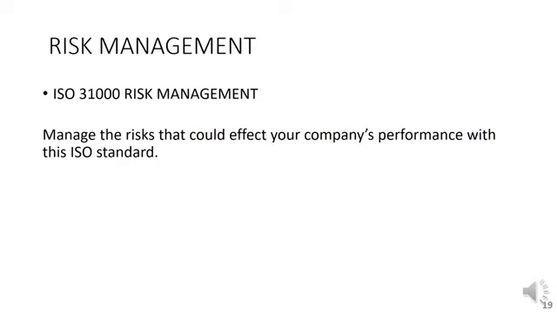Okay. Risk management, ISO 31000, is about risk management. ISO 31000 is a risk management standard, and it describes a systematic and logical process during which organizations manage risks by identifying them, analyzing them, and then evaluating them.